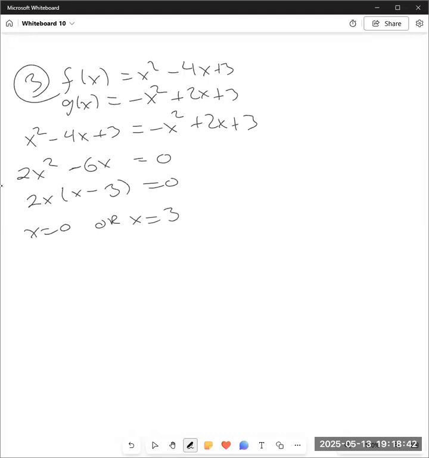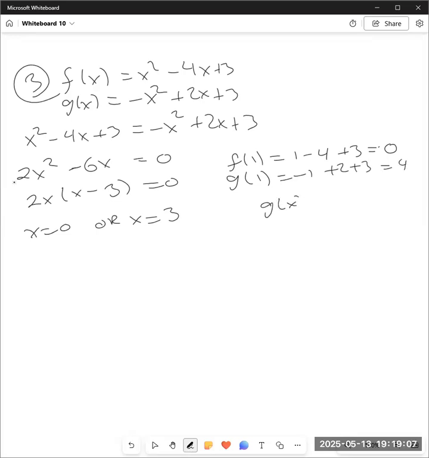And if I want to stick in something between 0 and 3, like 1, f of 1 is 1 minus 4 plus 3, which is 0. G of 1 is negative 1 plus 2 plus 3, 5 minus 1 is 4.